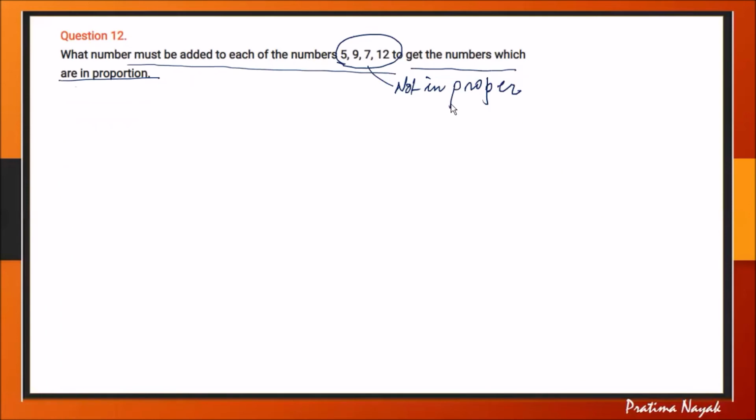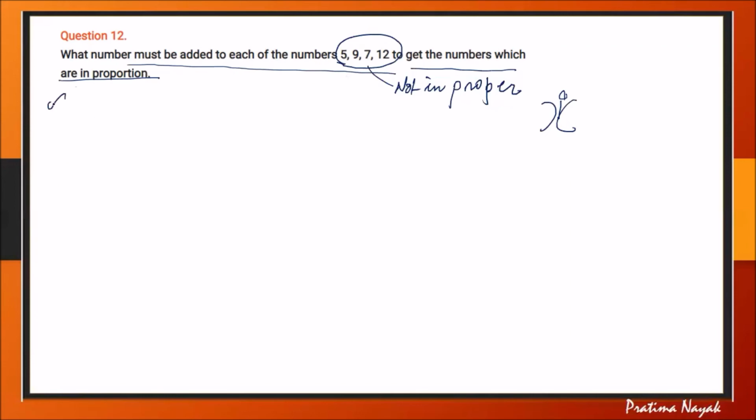And how to find this number? It is x. So I'll let the number be x. That means after adding x, the ratio of your first and second will be equal to third and fourth.